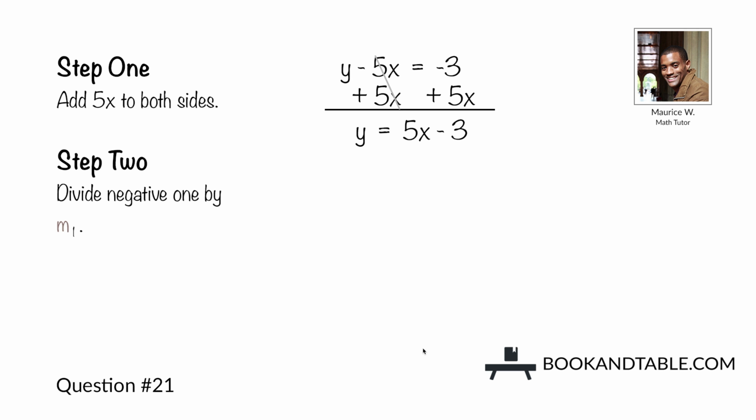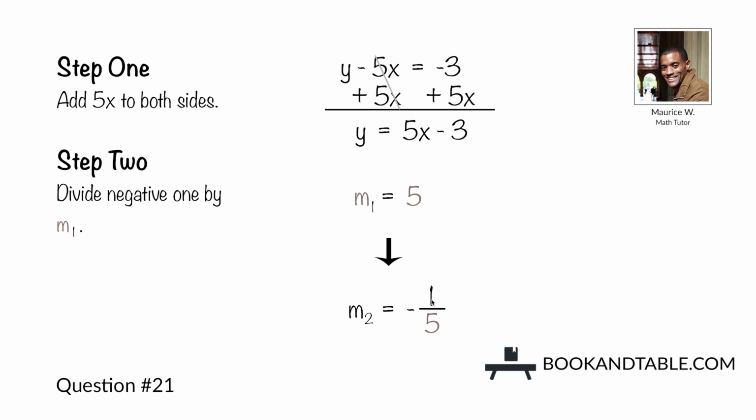Step 1, add 5x to both sides. That gives you y is equal to 5x minus 3. So the slope of this line is 5. Step 2, divide negative 1 by 5. That will allow us to figure out the slope of the line we're looking for.